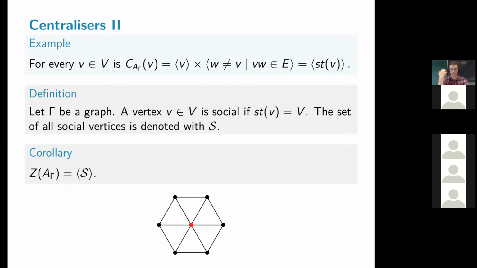Okay. So again, here we see that some algebraic property, namely what the centralizers look like, can be derived from how the graph is built up. And especially here, the center can be read off quite easily from the graph. You just look for all vertices that are connected to everything else, and exactly these will generate your center.